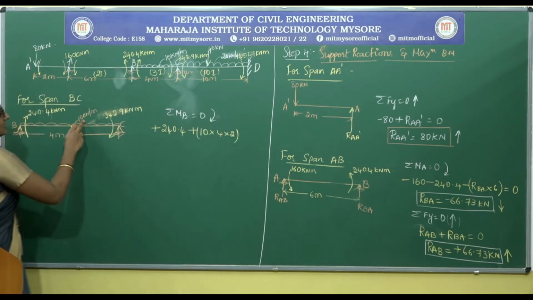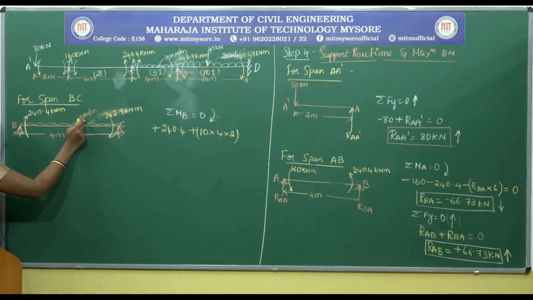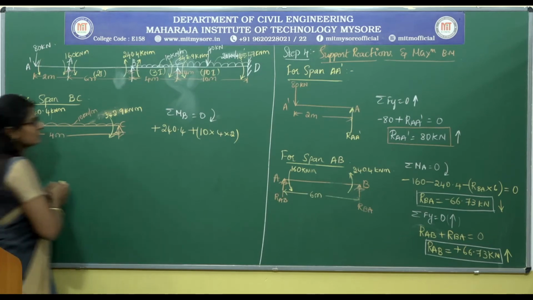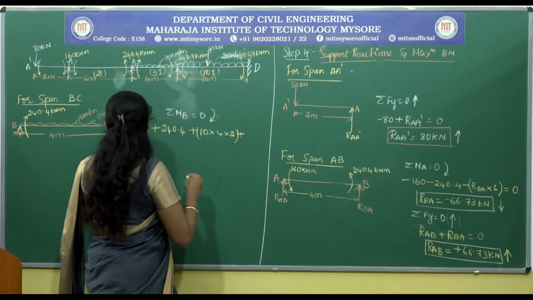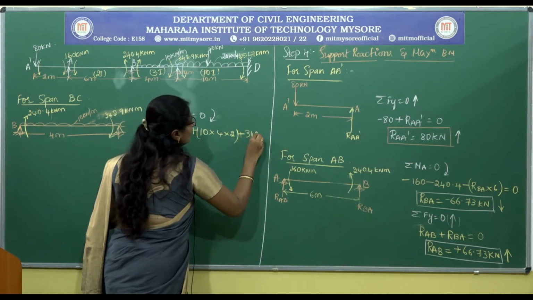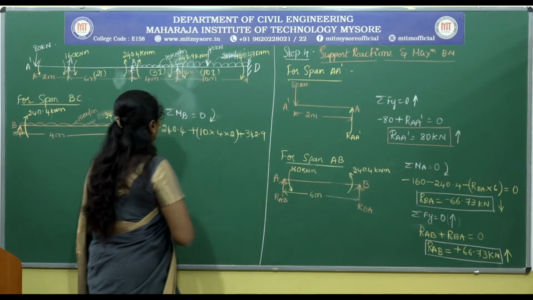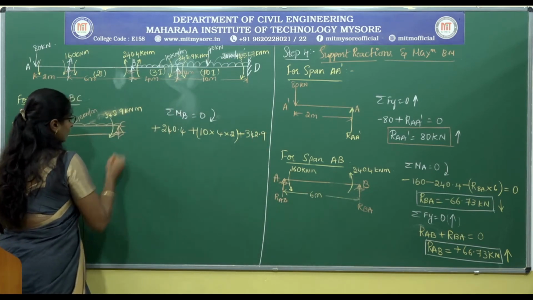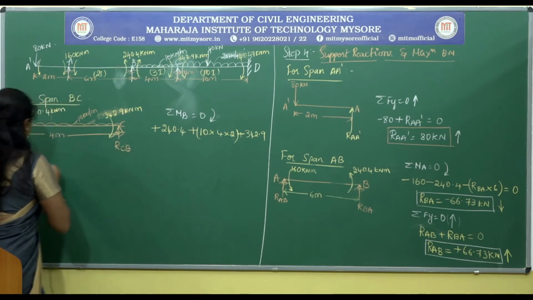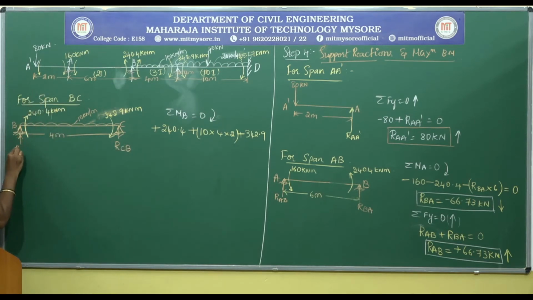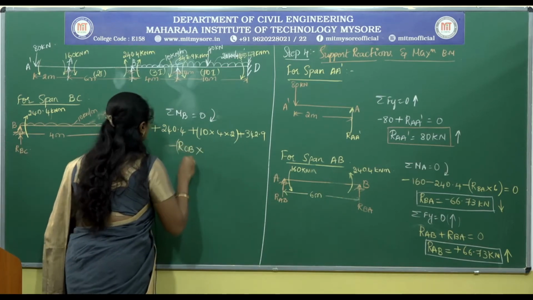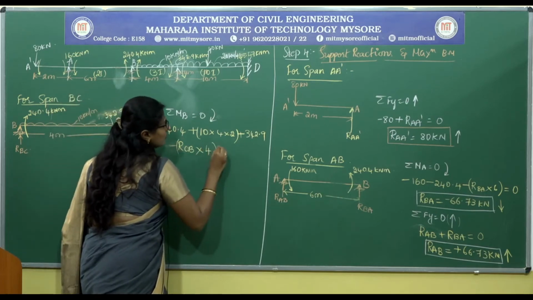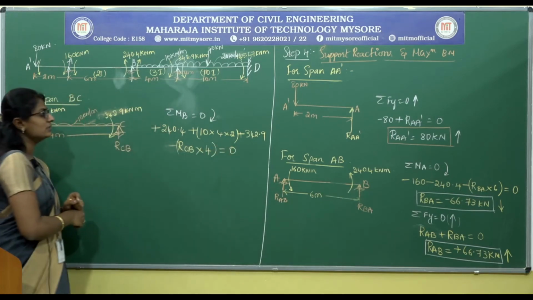The UDL of 10 kilonewton is acting over a span of 4 meters. So 10 into 4 multiplied by half of its distance, 4 divided by 2 is 2. Then again plus 342.92. Here we need to calculate RCB and RBC. RCB is acting in the anti-clockwise direction, multiplied by 4 is equal to 0.